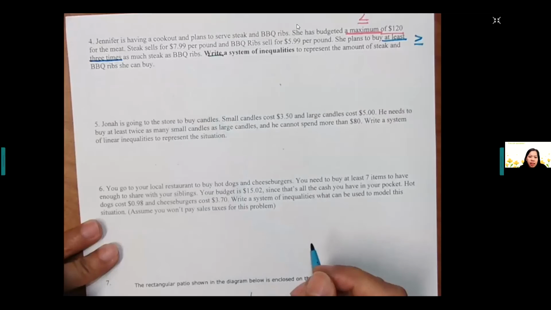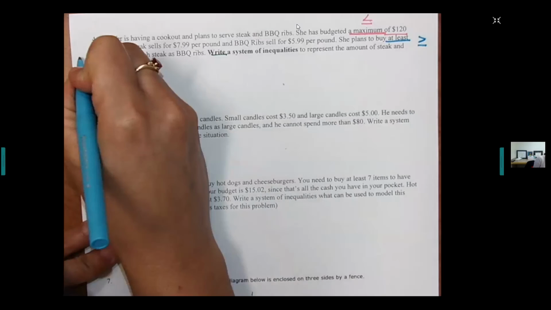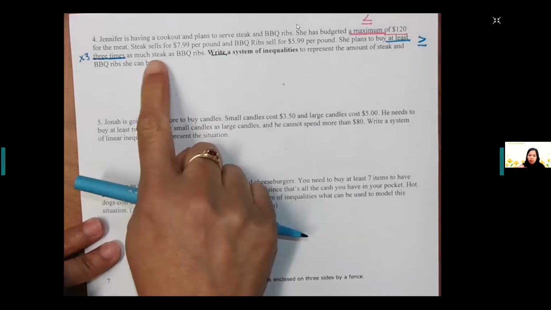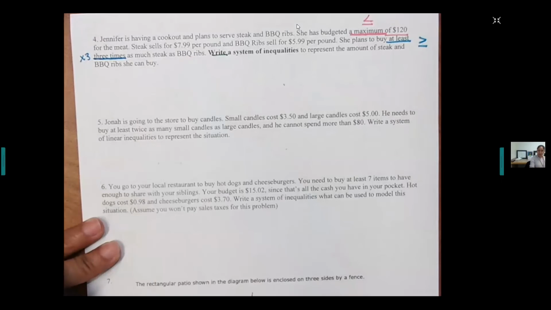When we see 3, it means steak is more than ribs by 3 times. Excellent. So we know we're going to be multiplying by 3, and it's the steak that's going to be 3 times as much as the barbecue ribs. All right, we'll get to that in a second, but good job.